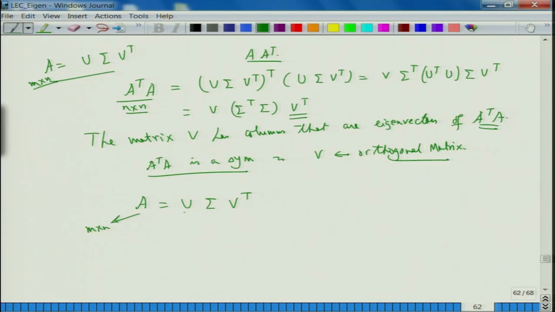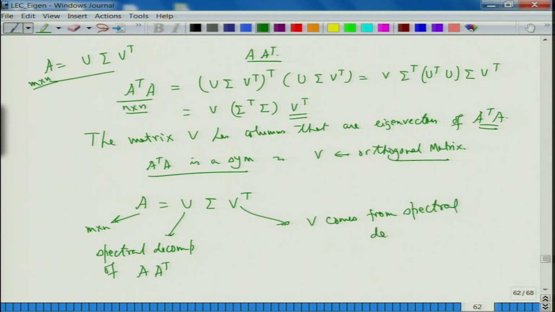Is that okay? So, when I want to write A as U sigma V transpose, A is m cross n, U comes from the spectral decomposition of A times A transpose. This V comes from a spectral decomposition of A transpose A. Fine.